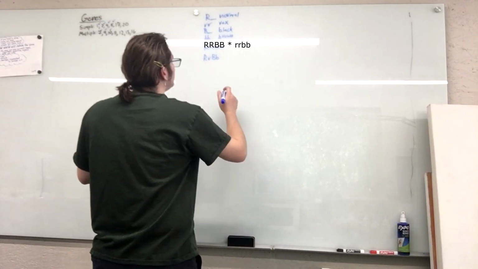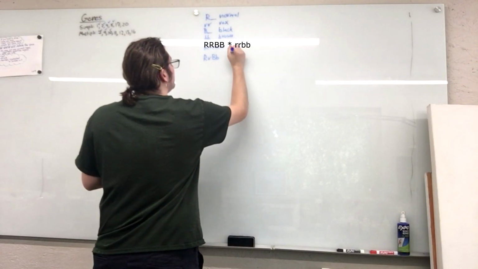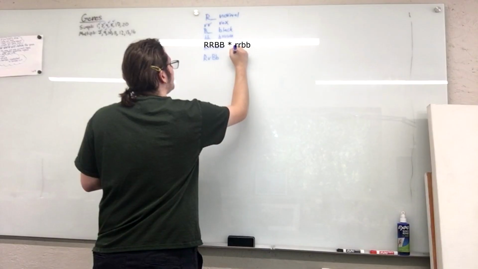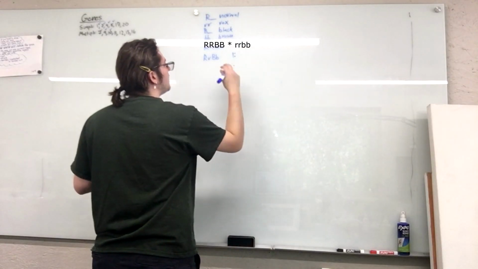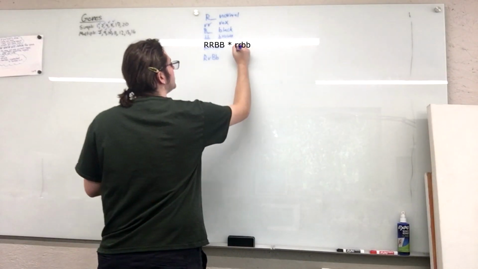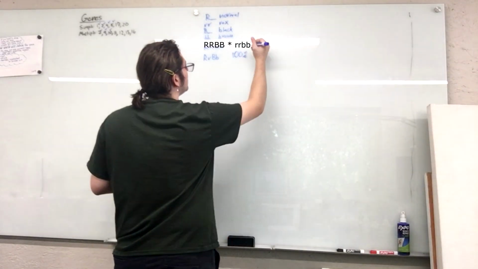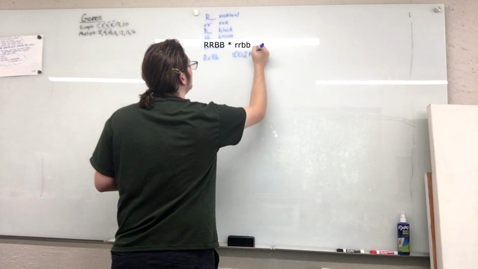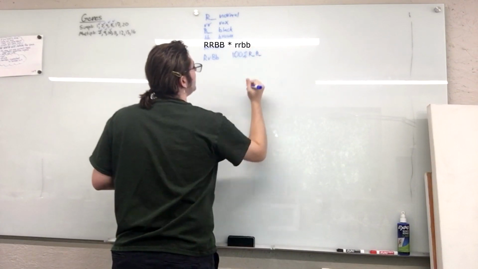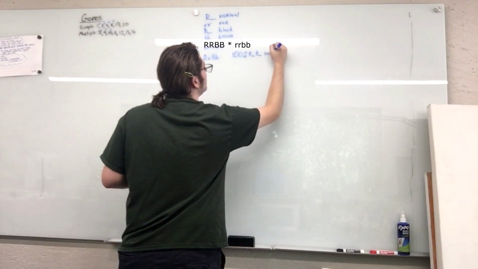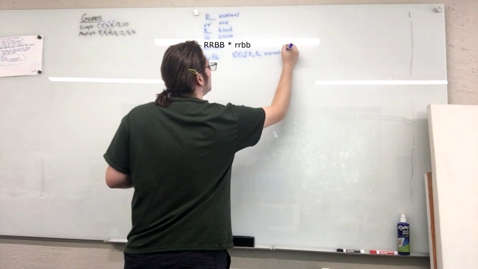Our phenotypic ratio is just going to be 1, or you can just write 100%, even though that's a percent. 100% Rr Bb, or normal black.